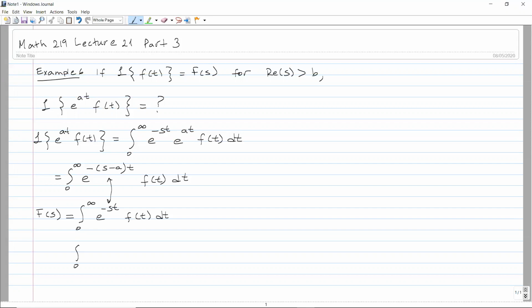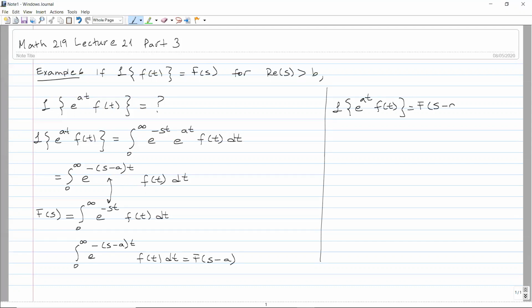So instead of s, if I put s minus a, it means on the other side, instead of s, I use s minus a. So that means the Laplace transform of e to the at times the function is capital F of s minus a.